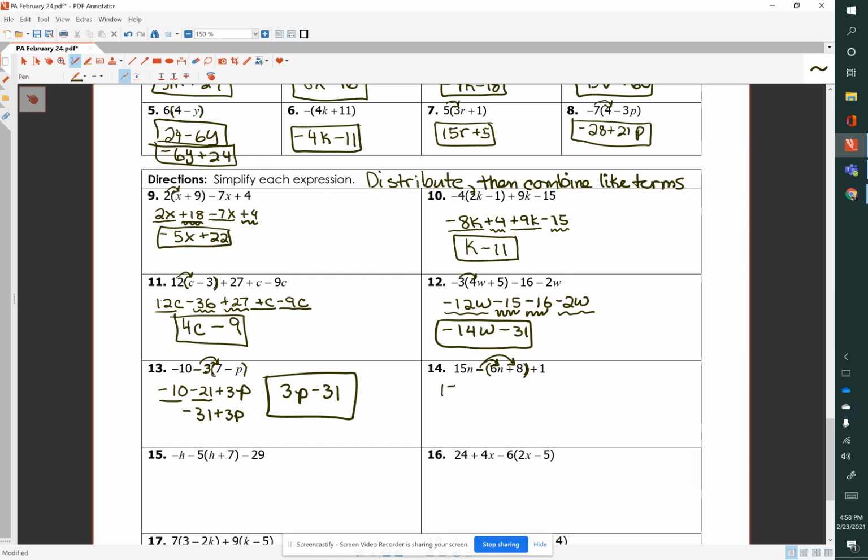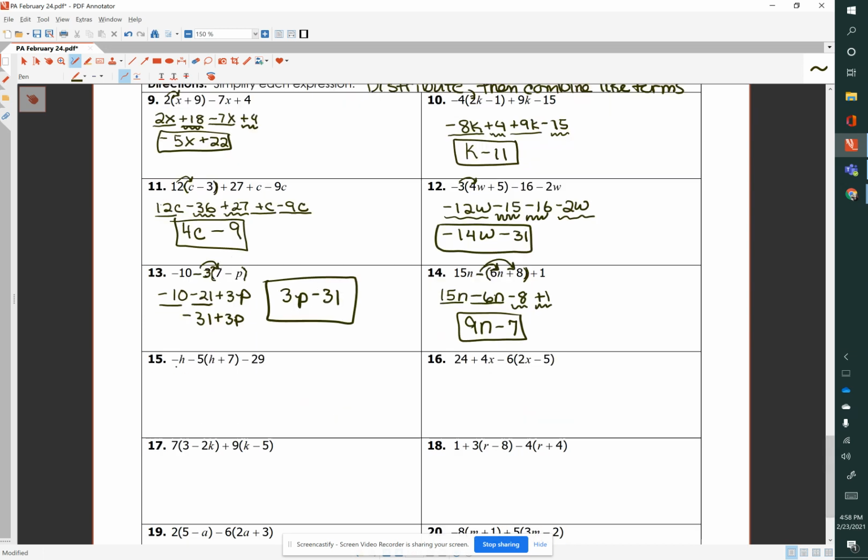So first we have our 15n, then 6n becomes negative 6n, and 8 becomes negative 8, and we have that plus 1. Now we combine like terms. 15n minus 6n equals 9n. Negative 8 plus 1 is negative 7, and our final answer is 9n minus 7.